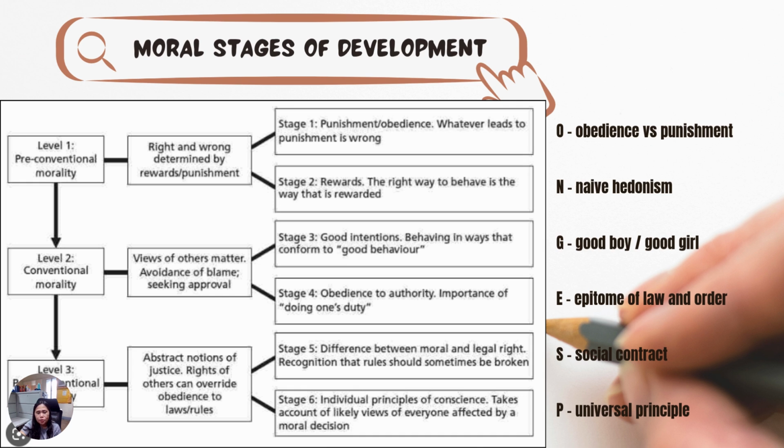See, you may be here in the social contract theory, I mean, the moral stage of development. Then the highest morality principle is the last stage, which is the universal principle. According to Kohlberg, not all of us, even adults who already reached the peak of their career, can reach the highest level of morality, the universal principle, because only a few can live out this highest stage of morality.